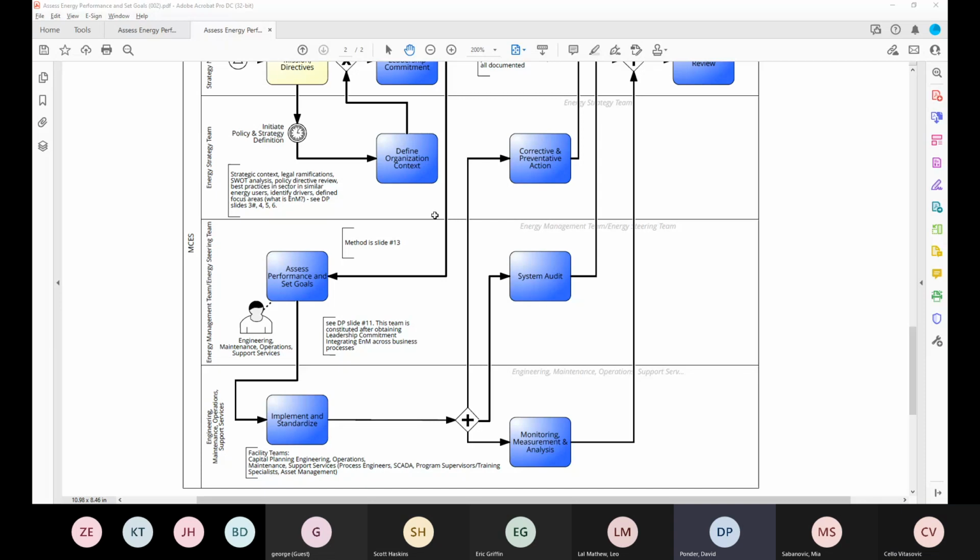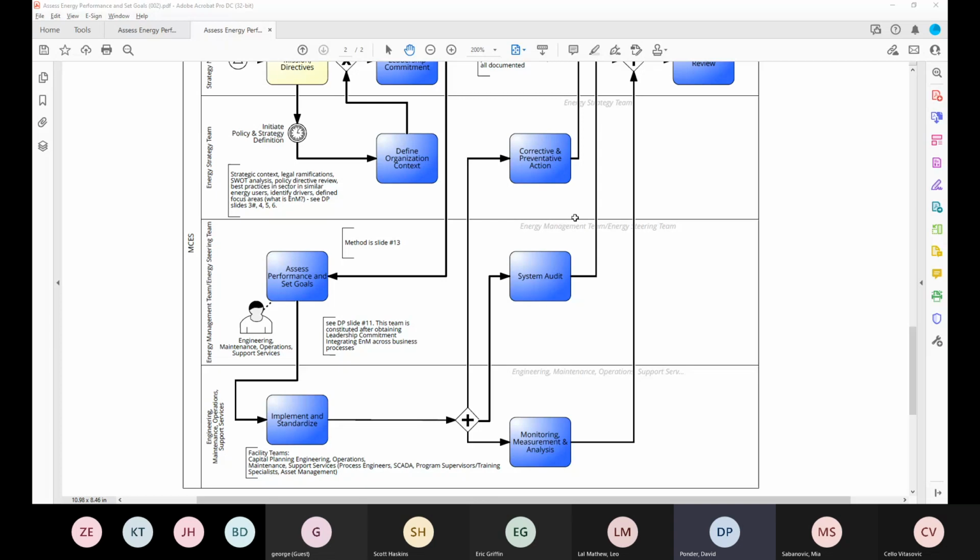And then from there, what we really want to do is start to identify the performance indicators for these processes, for these significant energy uses, to be able to put that energy use in context, right? Because kWh or therms or kW tells you how much energy you're using, but it doesn't tell you how efficiently you're using energy.